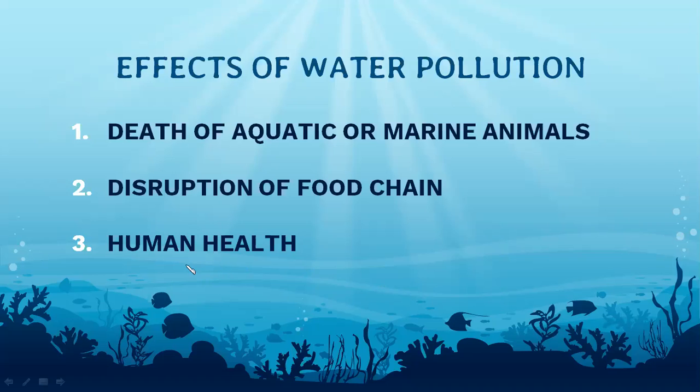In the year 1953, the people in Japan faced the problem of mercury which was dumped into the water, and there was a disease known as Minamata disease which occurred due to the consumption of this water which contained mercury. Similarly, there is arsenic pollution in the groundwater in Bangladesh, etc., where it creates various types of abnormalities. So these are the effects of water pollution.